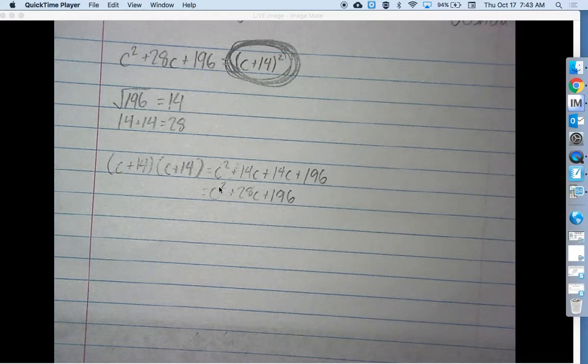So not all problems can factor, because sometimes there's just not numbers. That one's not factorable. That one's not factorable. Sometimes there's not numbers that are going to add to be in the middle. So not everything factors. Questions?